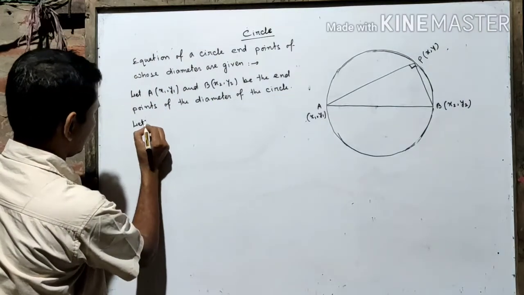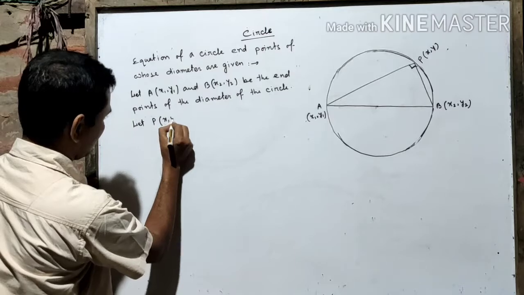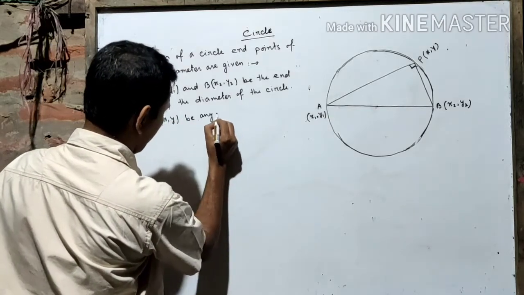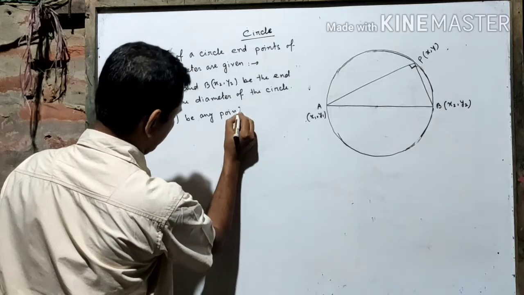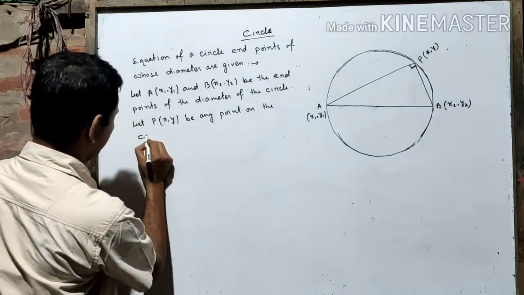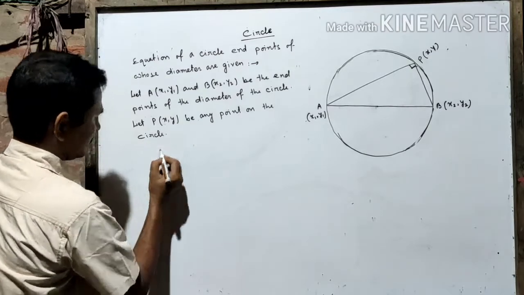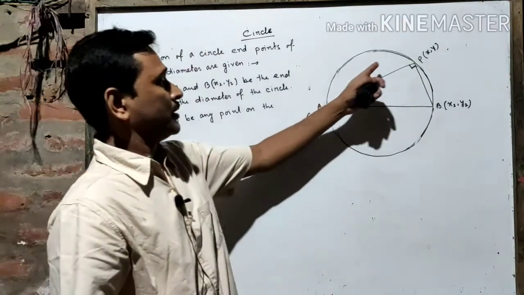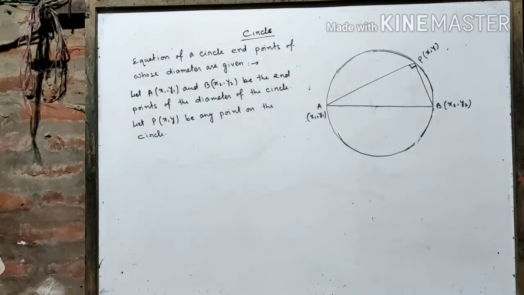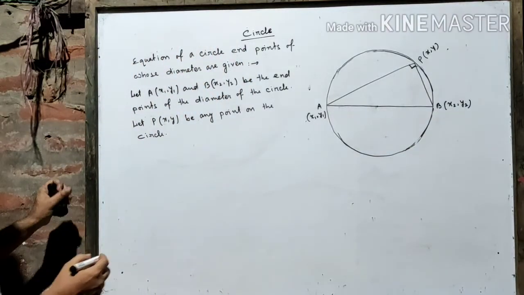Let P(x, y) be any point on the circle. Now, the angle APB is the angle on the semicircle, so it's a right angle.